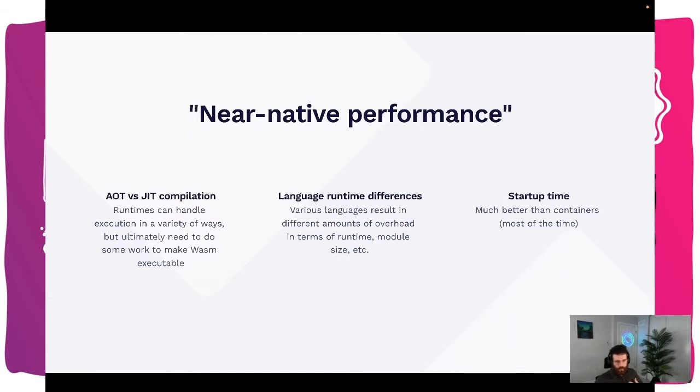With Suborbital, what we are usually dealing with is serverless functions, which are often cold starting. They are often executing very quickly. They're often very ephemeral. And so we tend towards just-in-time compilation because it fits the properties that we need a little bit better. Another thing to consider is the differences in languages when you are compiling to WebAssembly.